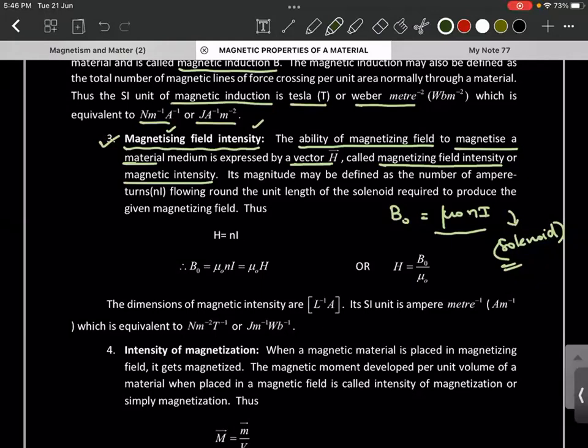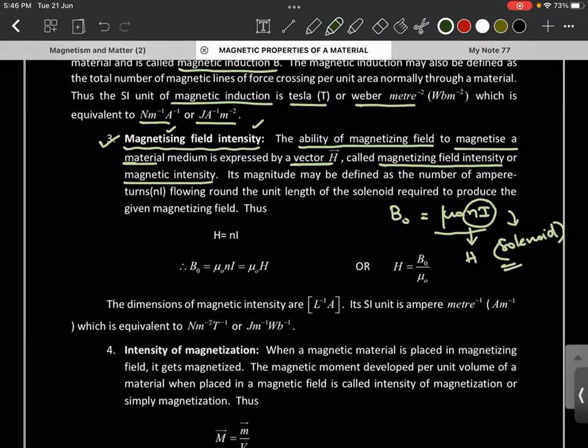So this is equal to, yeah. Now, if you see in this, you have small n into I, right? The small n into I is what is called as H, or you call it as magnetizing field intensity. Okay.